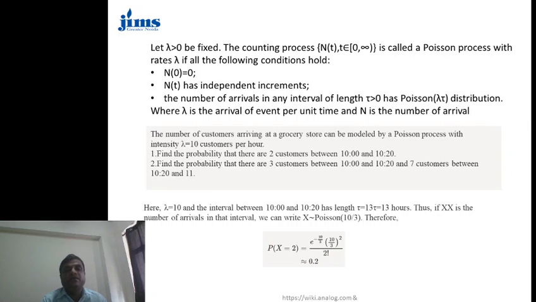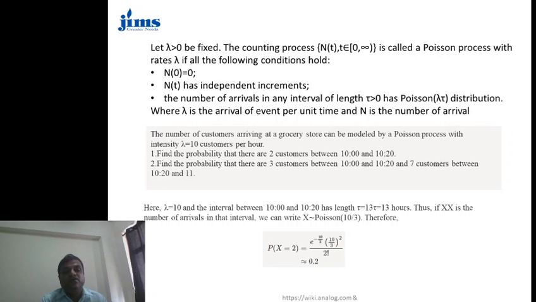The number of customers arriving in a grocery store can be modeled by a Poisson process with intensity lambda equal to 10 customers per hour. Find the probability that there are two customers between 10 and 10:20.